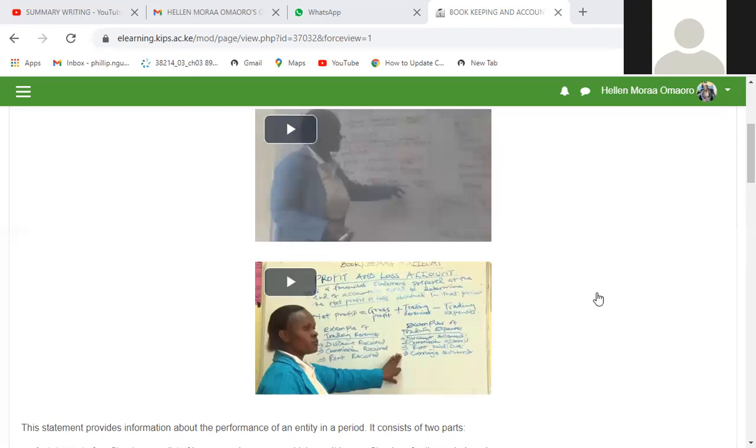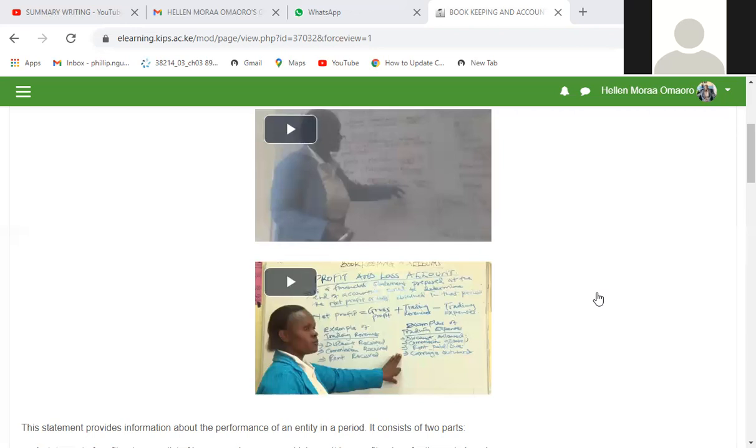Now, how do we get the total purchases? For us to get the total purchases, it is the cost of the goods which you have bought from the market, then we add the carriage inwards, the transportation cost of the purchased goods. That's what we refer to as carriage inwards.